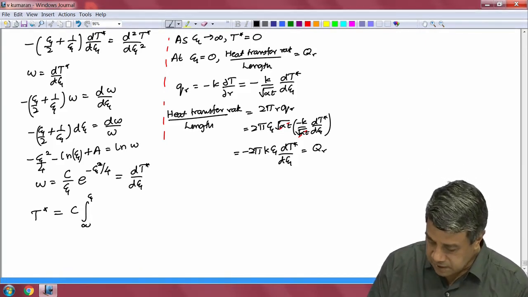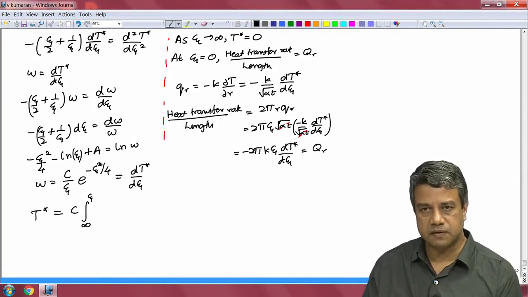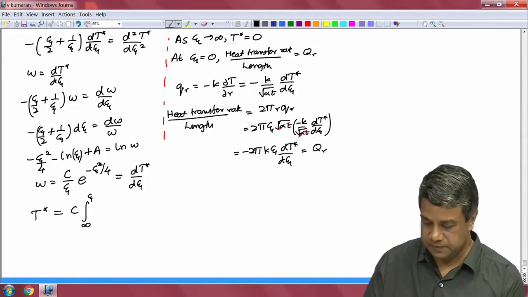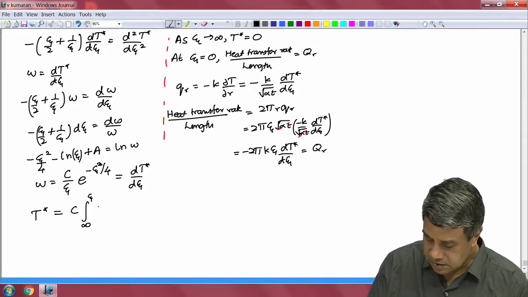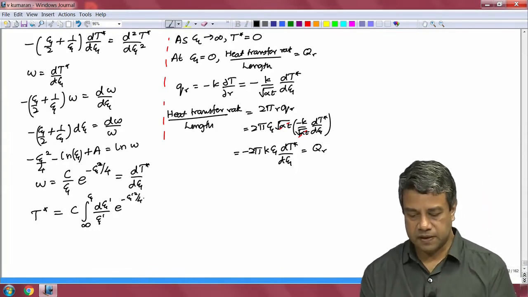We can take infinity as the lower limit, because we know what the temperature is there. We know the temperature at infinity has to be 0. So, this dummy variable psi prime, divided by psi prime e power minus psi prime square by 4. That is the final expression.